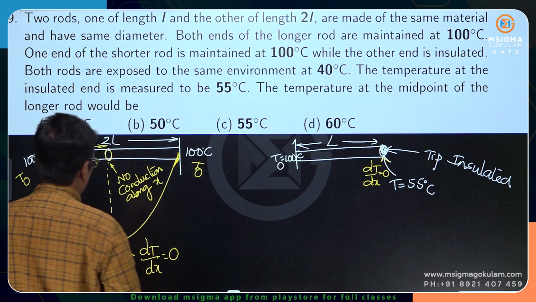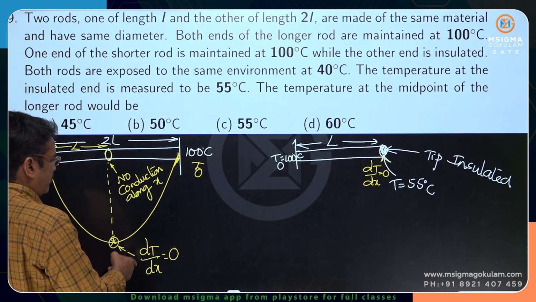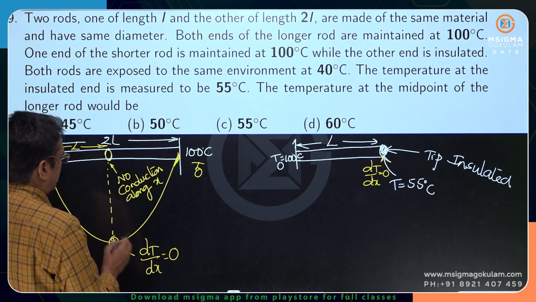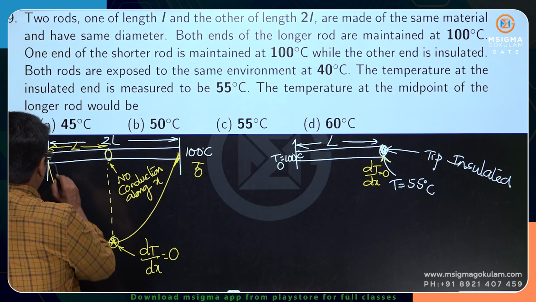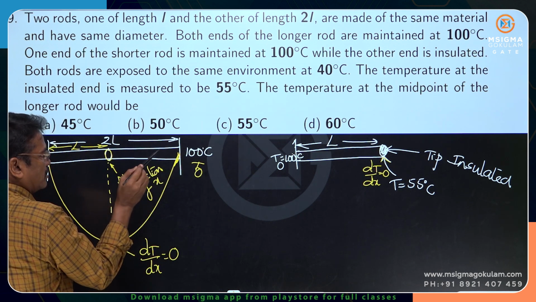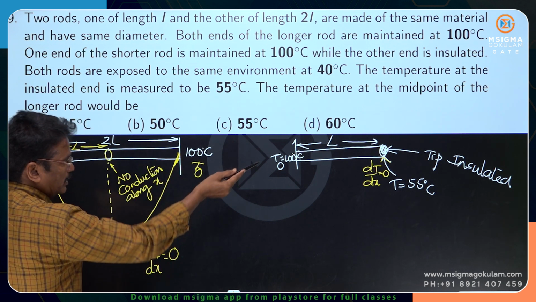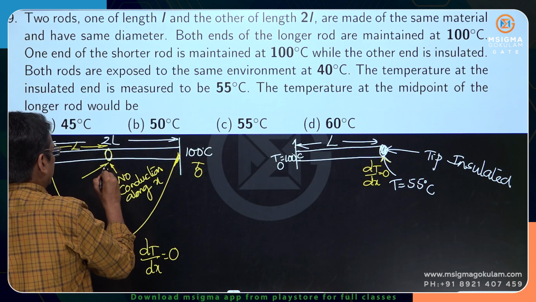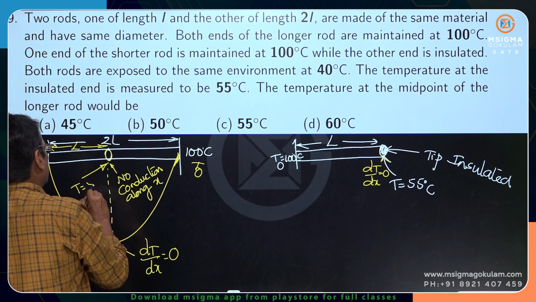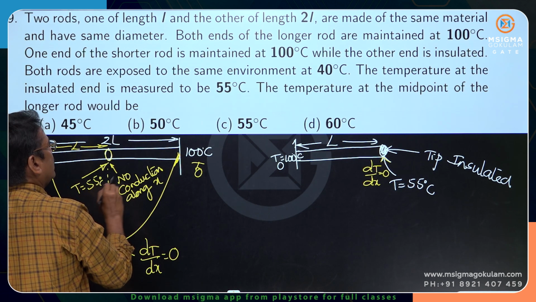When there is no conduction along x, minus KA dT by dx is 0, therefore dT by dx is 0. So this boundary condition and that boundary condition are the same. Whatever temperature you see here, the same temperature you see here. Here the temperature is 55. Answer is C.